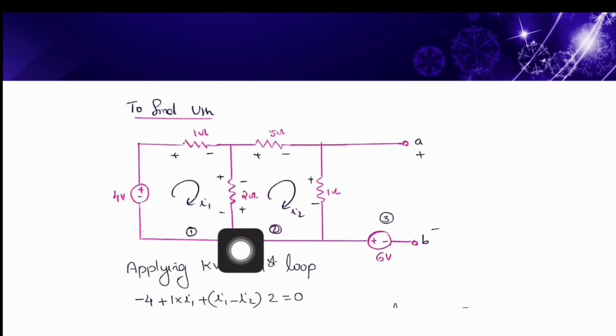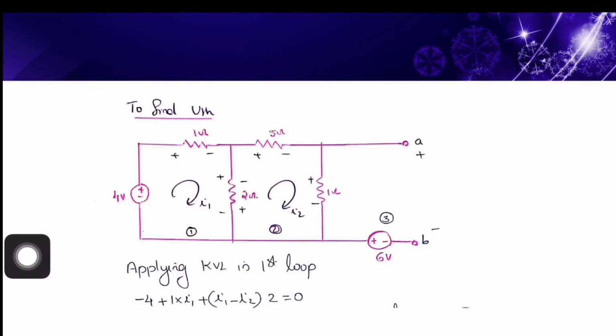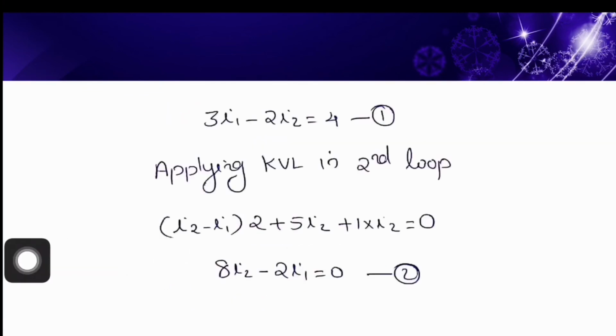Next we apply KVL in the second loop. Starting at this point, first we observe the voltage drop across this 2 ohm. Since we are writing KVL in the second loop, the total current through this 2 ohm is taken as I2 minus I1, and correspondingly the voltage drop is 2 into I2 minus I1. So we start our KVL equation with I2 minus I1 into 2. Then the voltage drop across this 5 ohm, which is 5 into I2, so a term 5 into I2 is added.